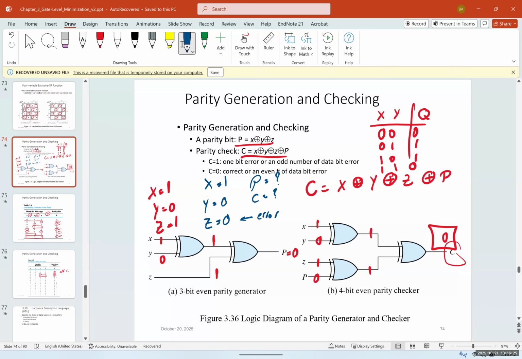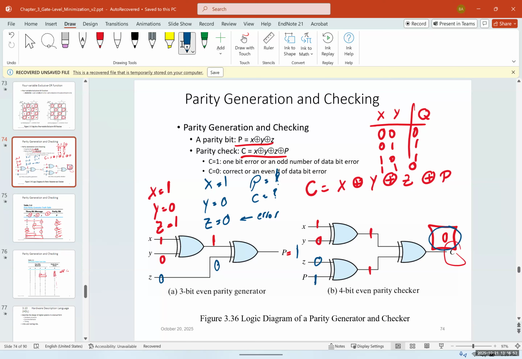Yes. So if I change Z to 0, 1 and 0 is going to be what? P is going to be equal to what? 1. Now if I change this to 0 and this to 1, 1 and 0 is going to be equal to what? 0 and 1 is going to be equal to what? What is 1 and 1? 0.